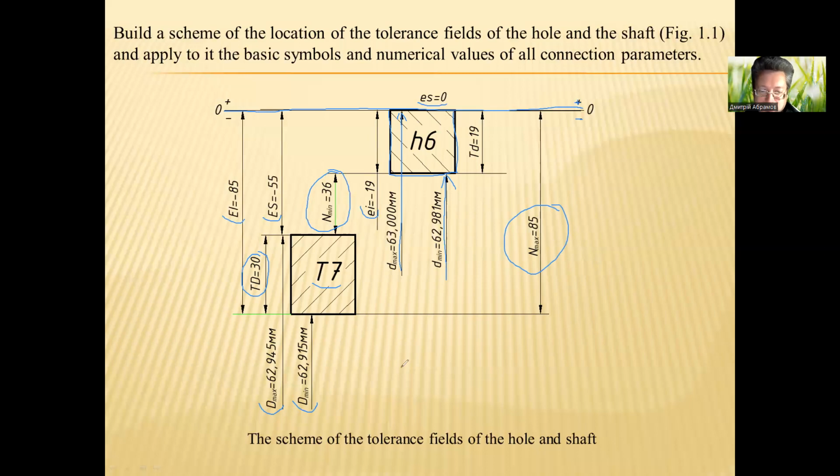This is the scheme of the tolerance fields of the hole and the shaft. Write this scheme down in your notes as an example. You have the time, do it.